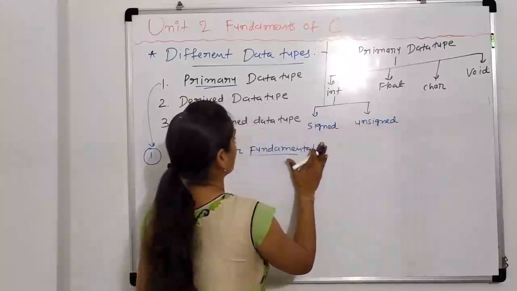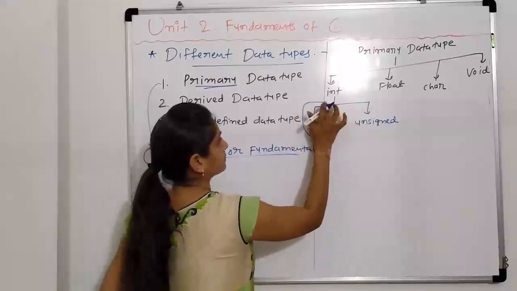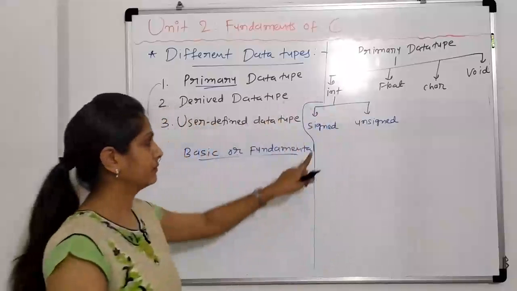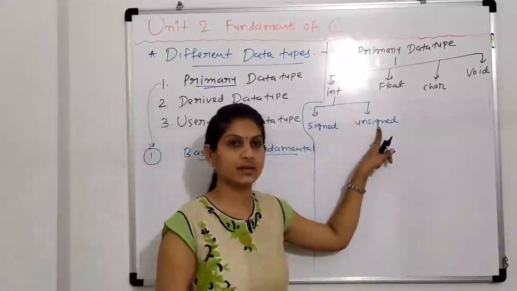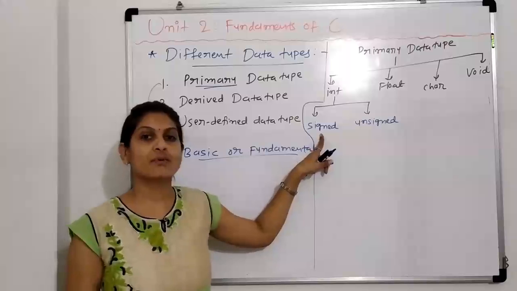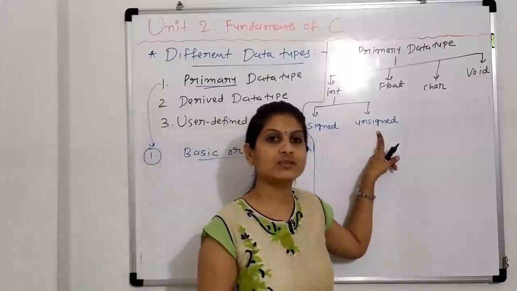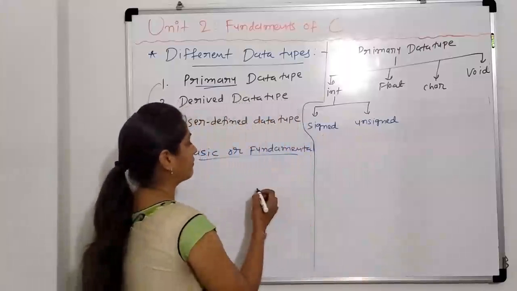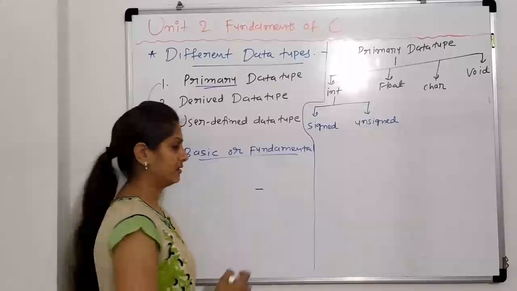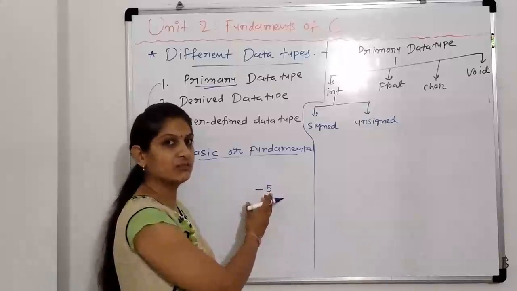Now what is the meaning of signed and unsigned? Anyone knowing? Signed number, unsigned number. Signed number means positive, negative, both. And unsigned means only positive values. Clear? Whenever we are writing with a sign, that is -5, that indicates negative, positive, both.